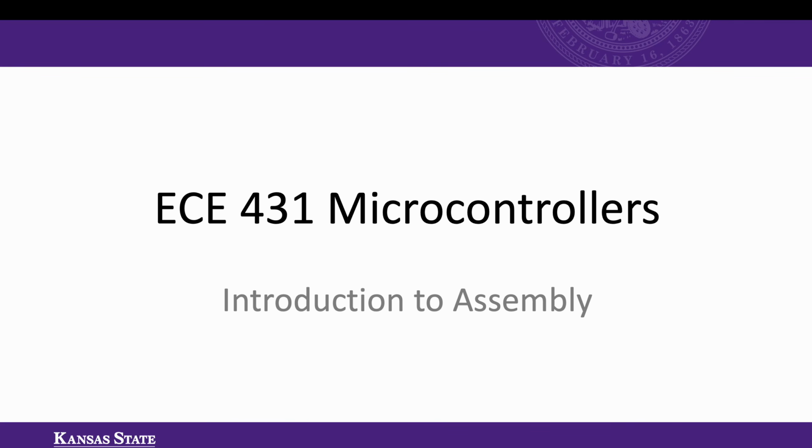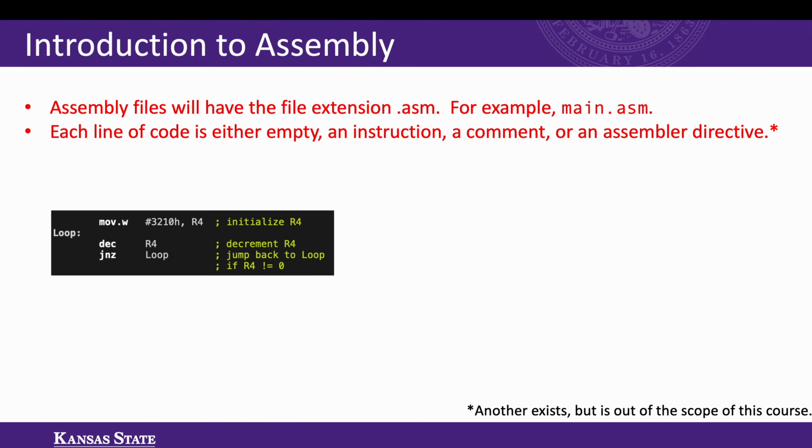All right, so let's take a look at some of the basics of assembly. Assembly files have the extension .asm, like main.asm. That's how we indicate to CCS or any assembler that we're programming in assembly. Every line in an assembly file can be empty.